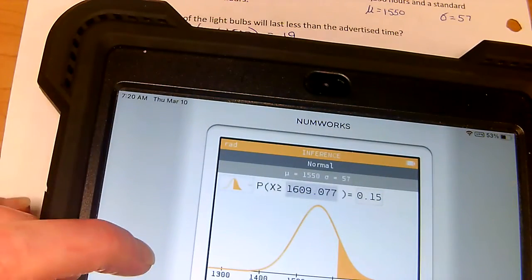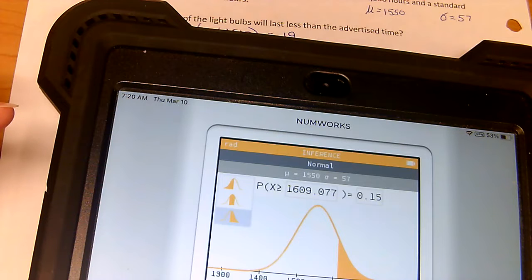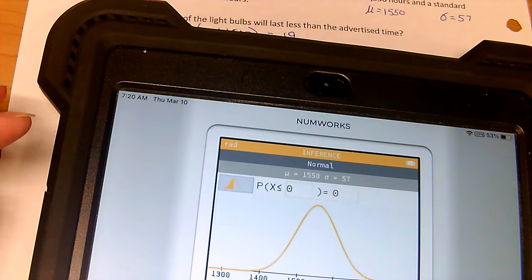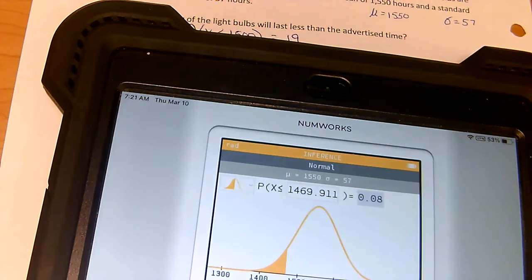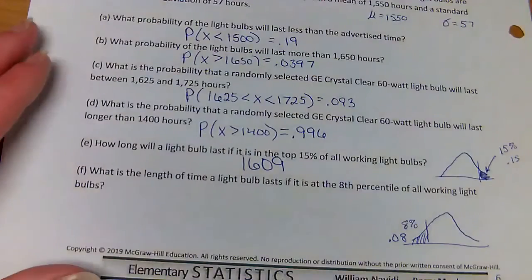So I would go to a less than. We want to know what value is going to give me a probability of 0.08. And that's 1469.9. That would round up to 1470.